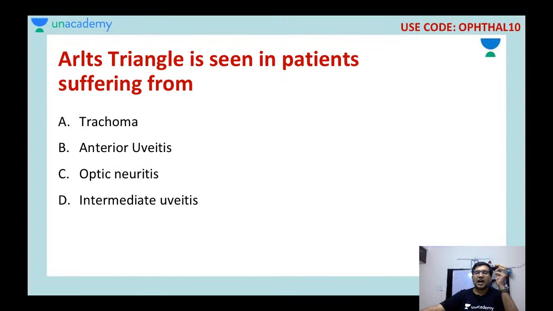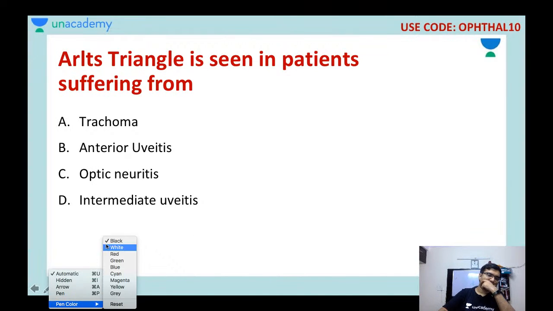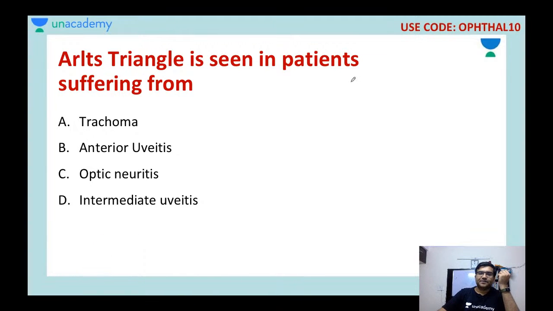The next question is, Arlt's triangle is seen in patients suffering from trachoma, anterior uveitis, optic neuritis, or intermediate uveitis. Try to answer. So what is actually Arlt's triangle?